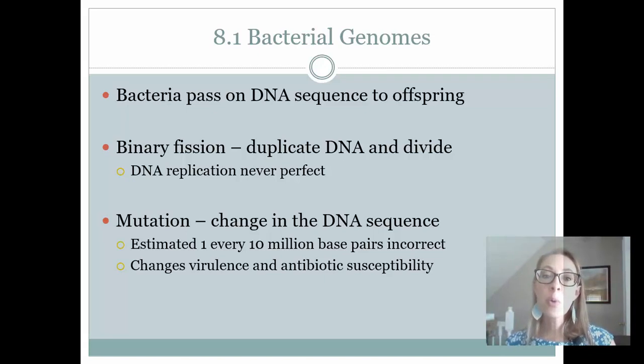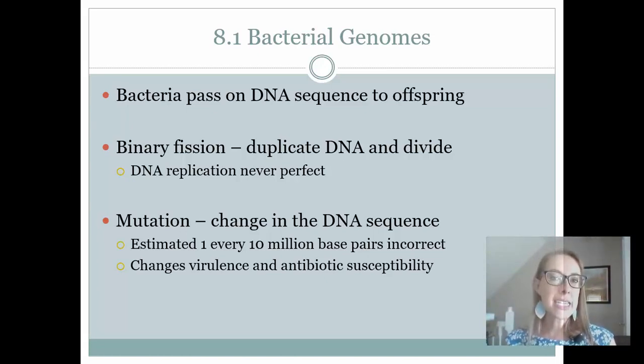So before we undergo binary fission, we have to replicate that DNA. Do you remember which enzyme is in charge of replicating the DNA? DNA polymerase is going to be the enzyme that reads our DNA and makes an additional copy.